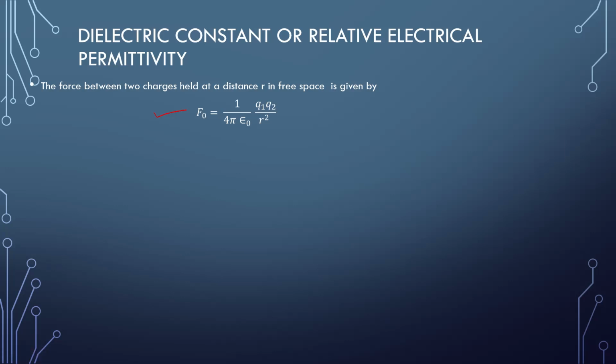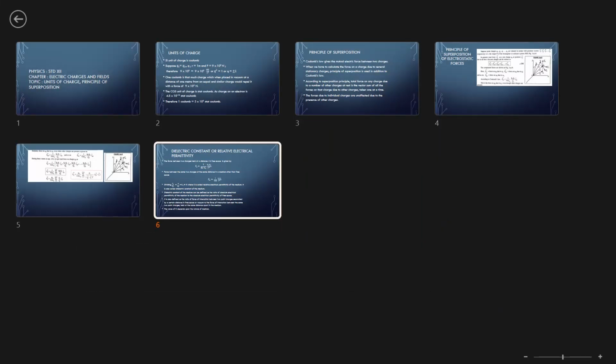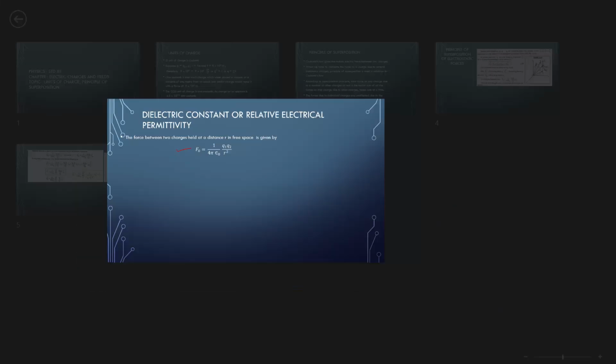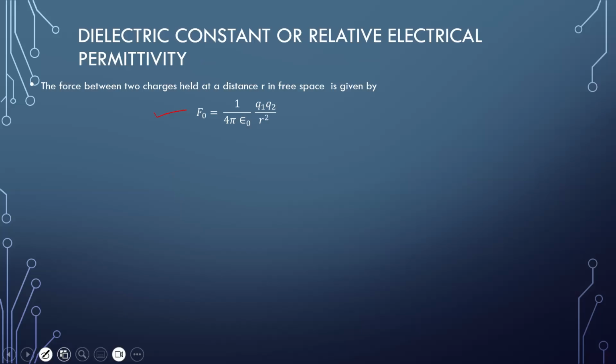We have written down the expression due to Coulomb's law, and according to Coulomb's law, F naught is equal to 1 upon 4 pi epsilon naught Q1 Q2 upon R square.